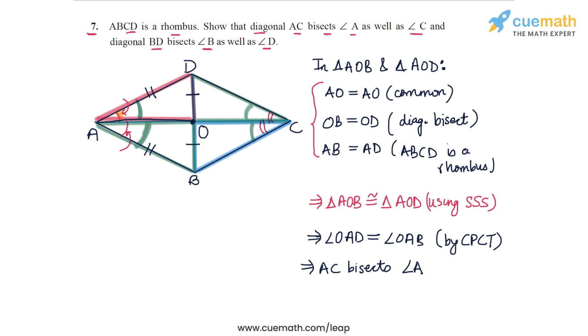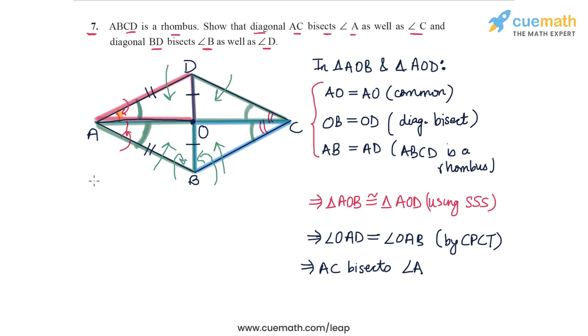Similarly, for the angle at B, so that ABO and CBO are equal, we could compare triangles OBA and OBC, and to show that the angle at D is getting bisected, we could compare triangle ODA and ODC.